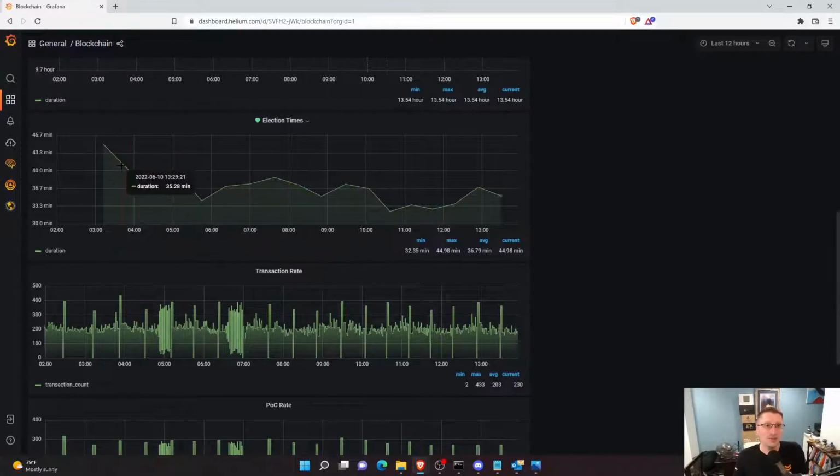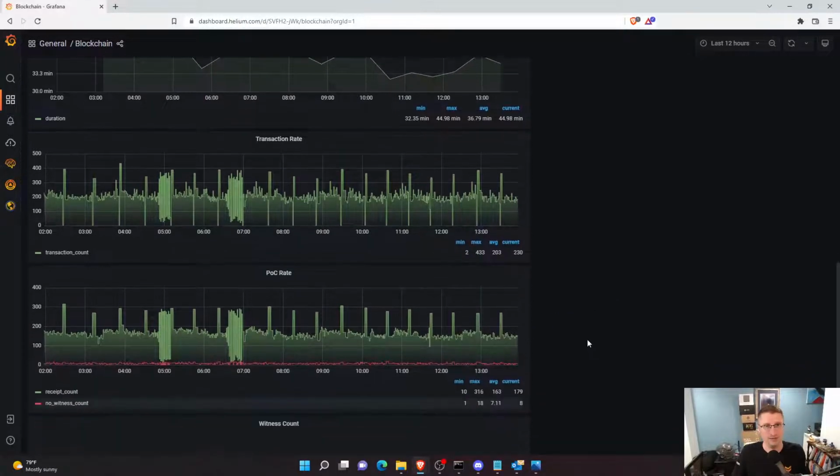Okay, so basically it would elect randomly selecting validators, I believe, and then having them agree on the status of the blockchain. So as that election time is coming down, that's a good thing. That means in my mind that the network is acting a little bit better. The validators are agreeing with each other a little bit more, and so that's good that they can elect faster.